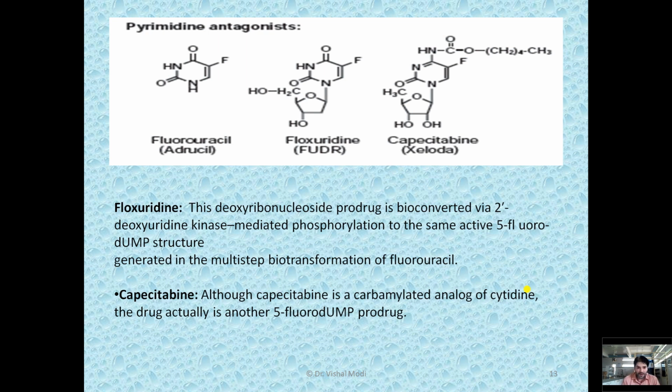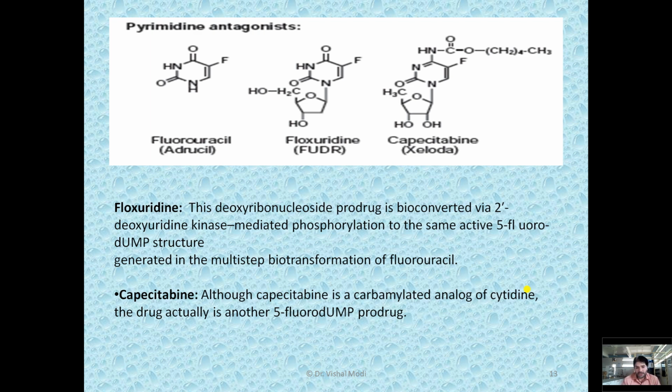These are the examples of pyrimidine antagonists. Number 1 is fluorouracil, number 2 is floxuridine, number 3 is capecitabine. Floxuridine is basically fluorouracil converted after metabolism in vivo, and capecitabine is also metabolized in vivo to floxuridine.